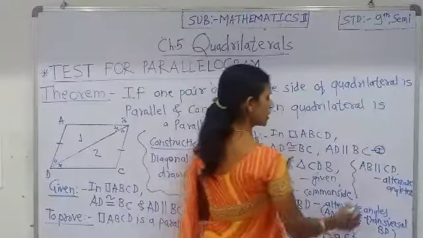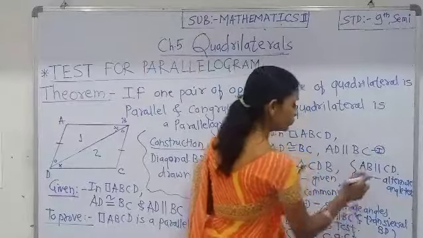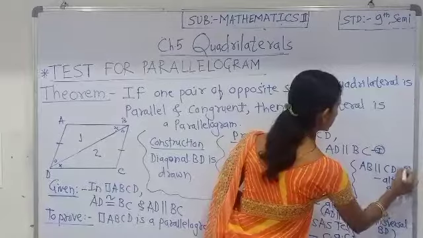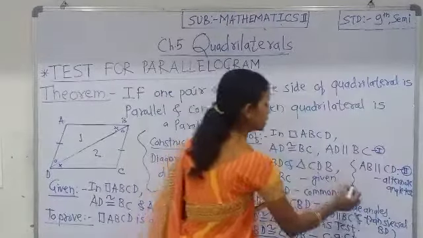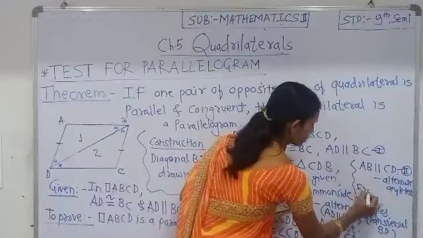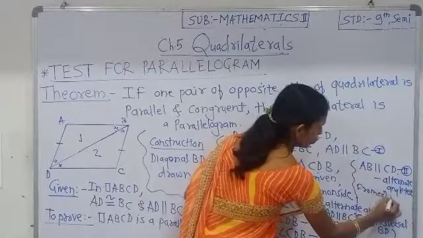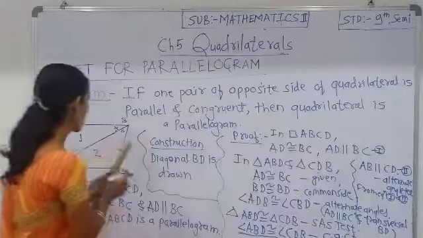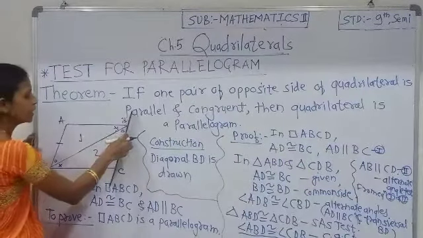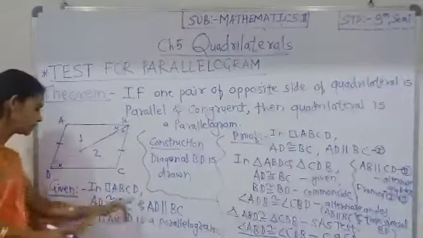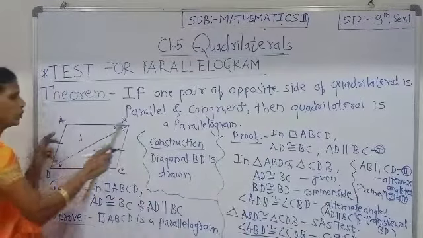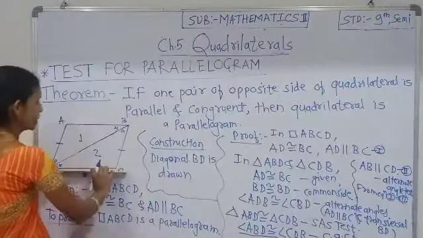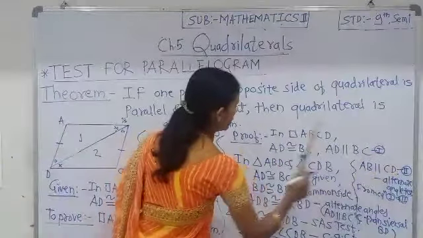Already AD parallel BC is given. Let us consider that equation number 1, and now we proved that AB parallel CD, that is equation number 2. Then from equations 1 and 2, AD parallel BC is already given, and we proved that AB parallel CD.